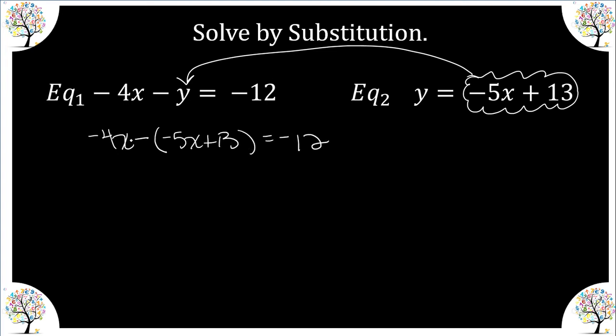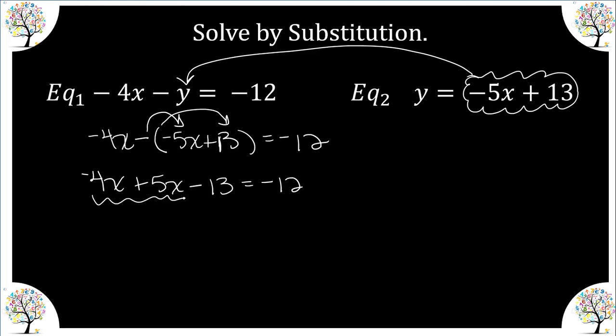The reason we did that is now we have one type of variable, and we were able to find the value of this one variable, x. So we are going to distribute this understood negative 1. So we get positive 5x minus 13 equals negative 12.